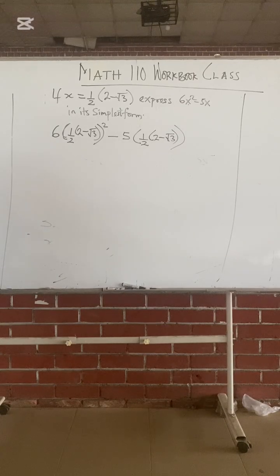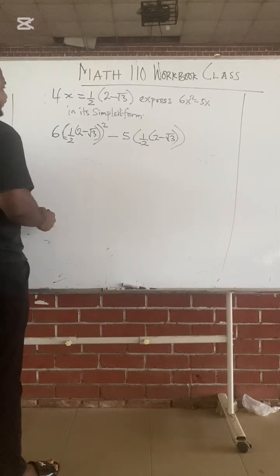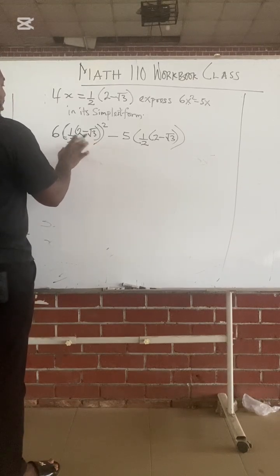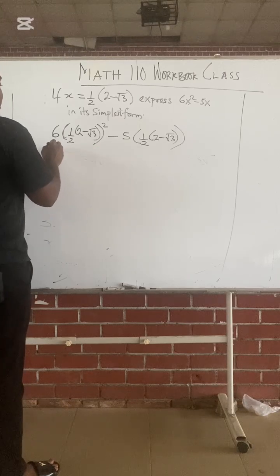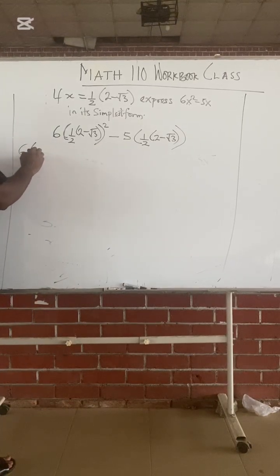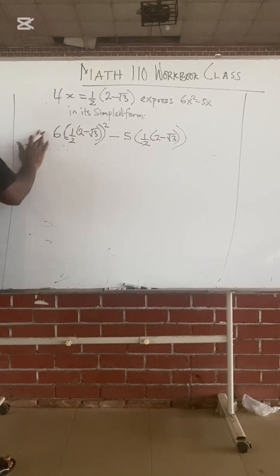Now we have to expand this. 6 into brackets 1 over 2 minus root 3, which is same thing as 2 minus root 3 all over 2.